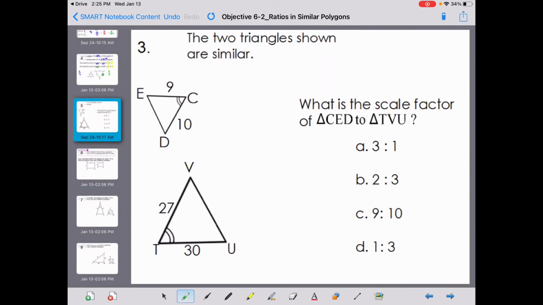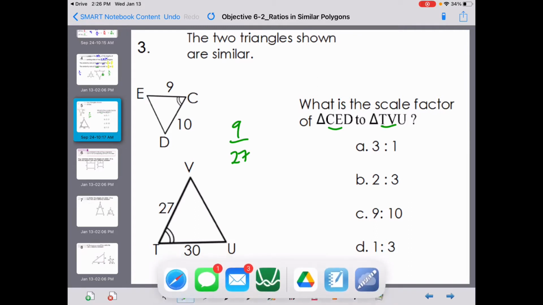All right, now we're just going to do some practice problems. So I've got two triangles shown are similar. So if these two triangles are similar, it wants to know the scale factor of CED to TVU. So CE is 9, TV is 27.